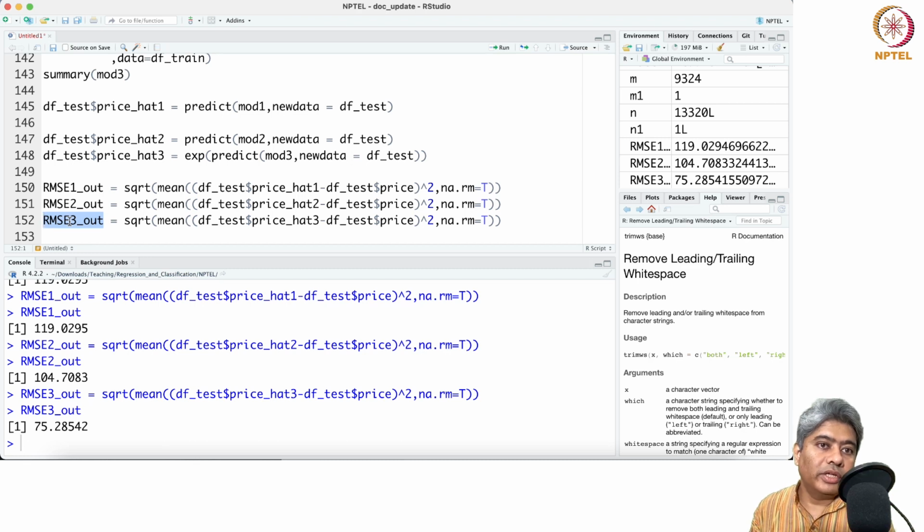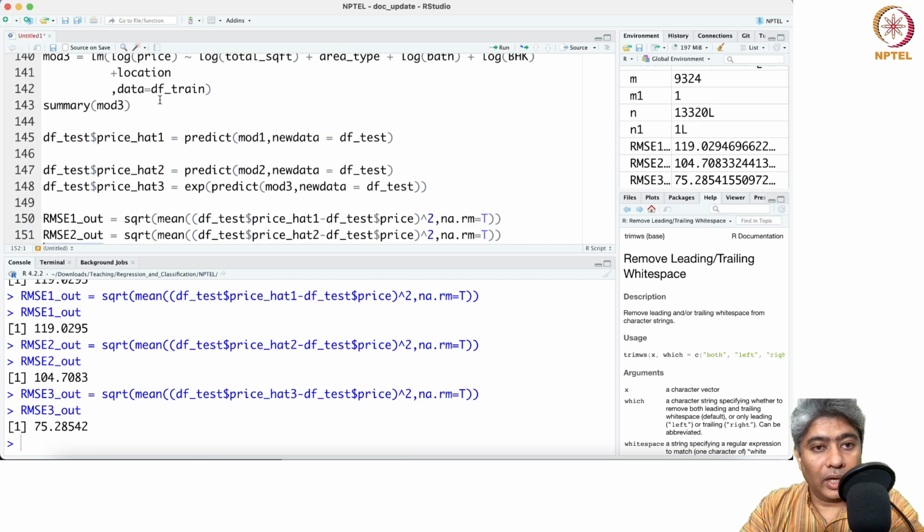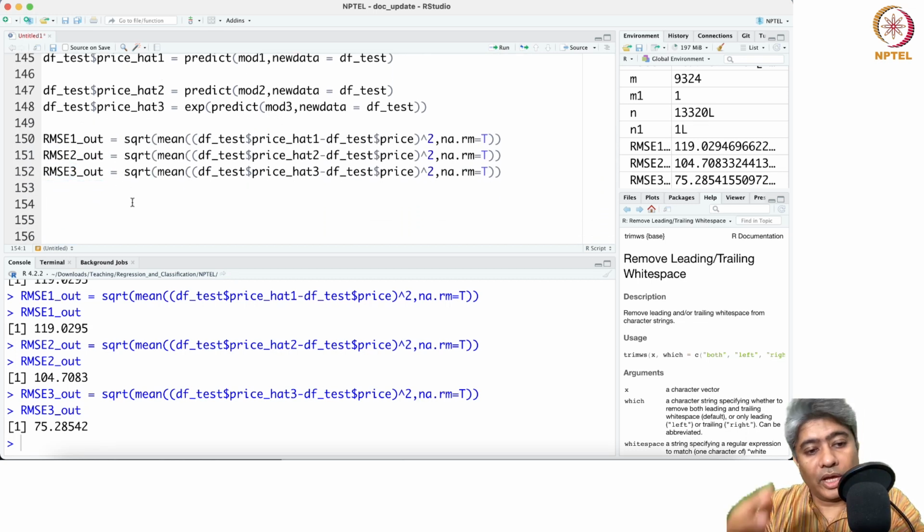So the third model is not only doing well, it is doing pretty well to a great extent. So that means basically the total square feet, bathroom, BHK and price have a log linear relationship, and that is why even out of the sample they are doing far superior to just simple linear regression.